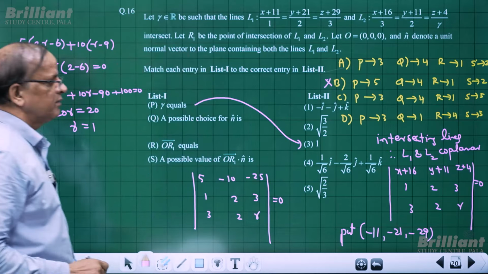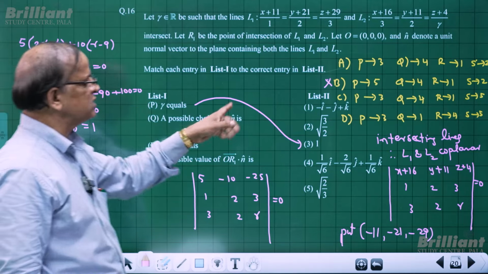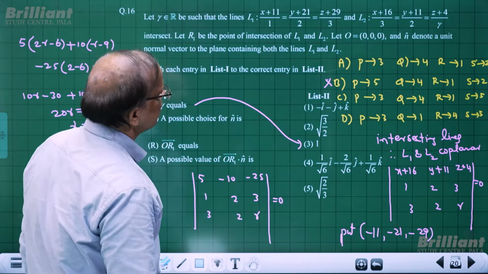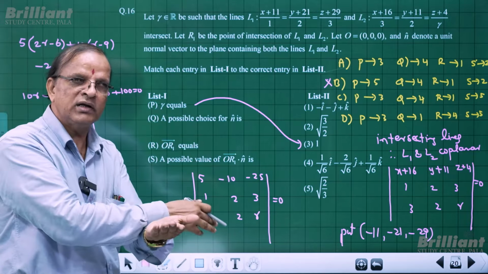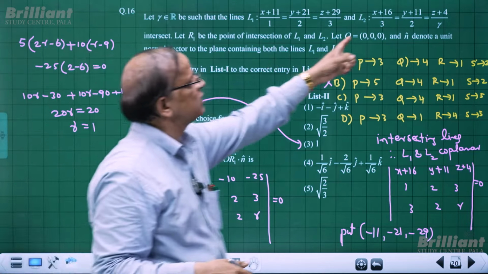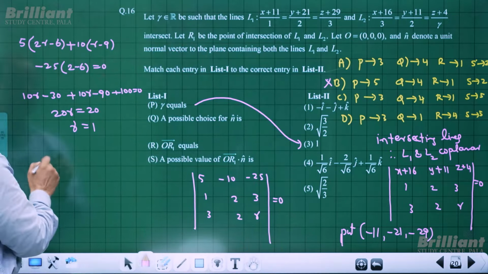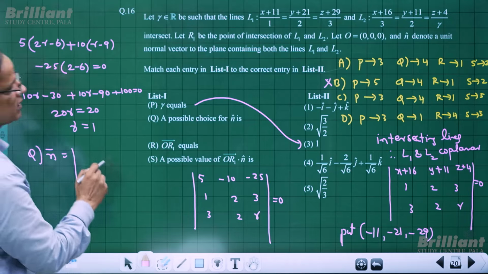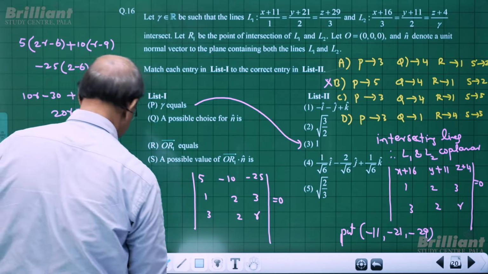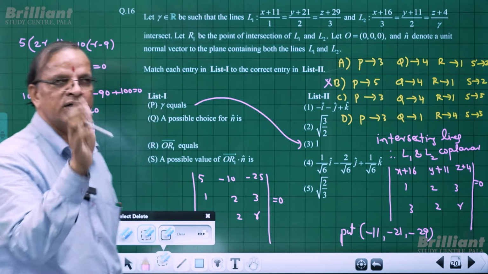Now, a possible choice for n bar. We can find n bar because it is the normal vector to the plane containing the lines 1, 2, 3 and 3, 2, 1, that is the cross product. First we will find n bar, then calculate n cap, the unit vector.